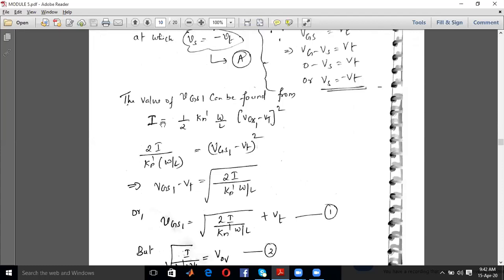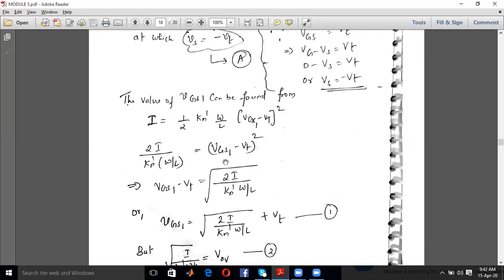Now, we know the equation for any transistor working in saturation: I is equal to half Kn dash W by L into VGS1 minus VT the whole square. Why VGS1? Because this current is flowing through Q1. The entire current I, I am now able to steer through Q1. You're not going to have any more current in Q2.